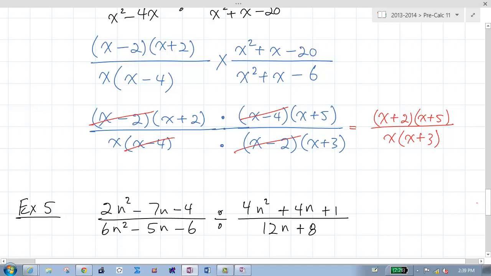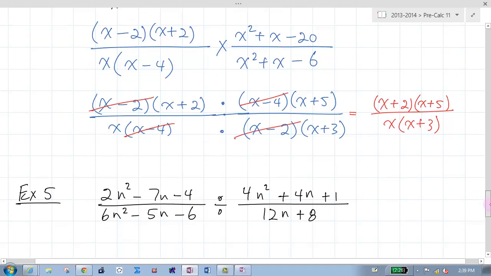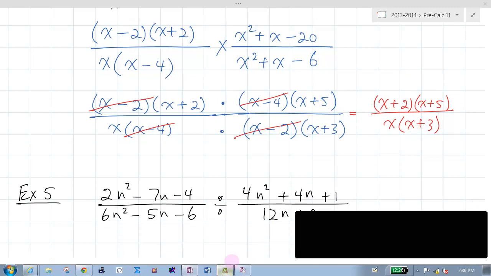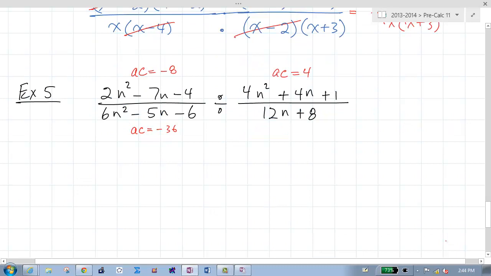Okay, and we're going to do one more division. I'd like you guys to try it first. Go for it. Okay, so we're going to factor the numerator of this one. A times c is negative 8. I'm looking at factors of negative 8 that add up to negative 7. So I'm looking at 2n squared.